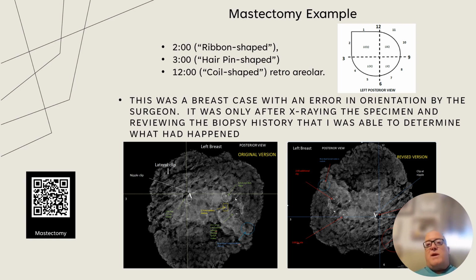Often the surgeon will put a big clip in one end or edge of the specimen and say this is lateral, but on occasion, not very often, they put the lateral clip in the medial aspect or vice versa, and we only find this out after we've radiographed the mastectomy or even the lumpectomy. So here's an example of misorientation by the surgeon. Once again, here's another QR code to show you how we process our mastectomies.